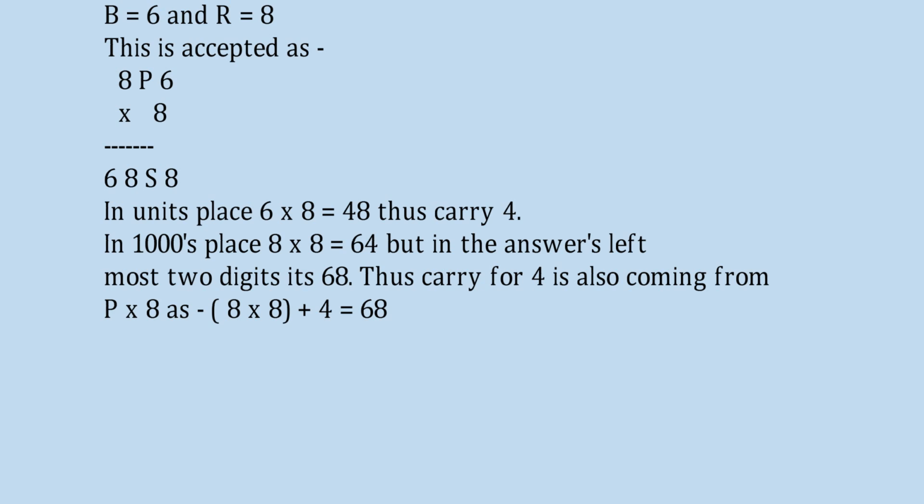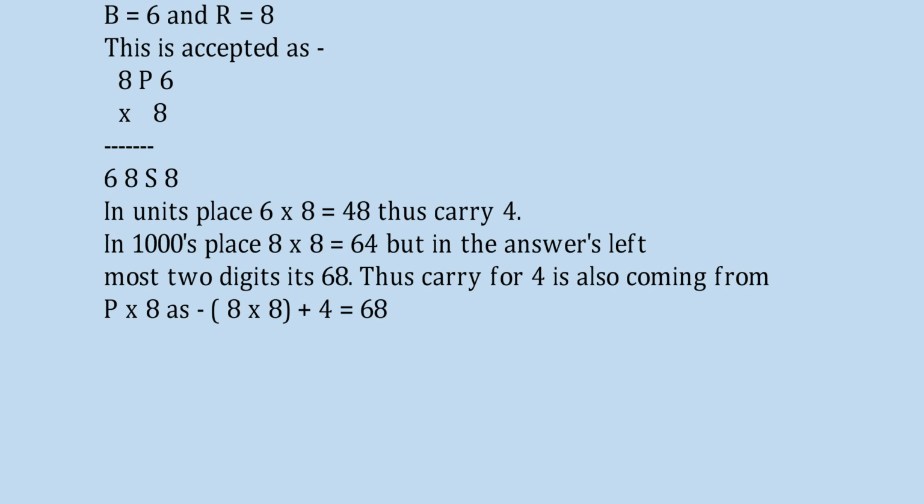Because in the units place, 6 into 8 gives 48 with a carry of 4. Now in the thousands place, 8 into 8 gives 64. So the digits are 68.